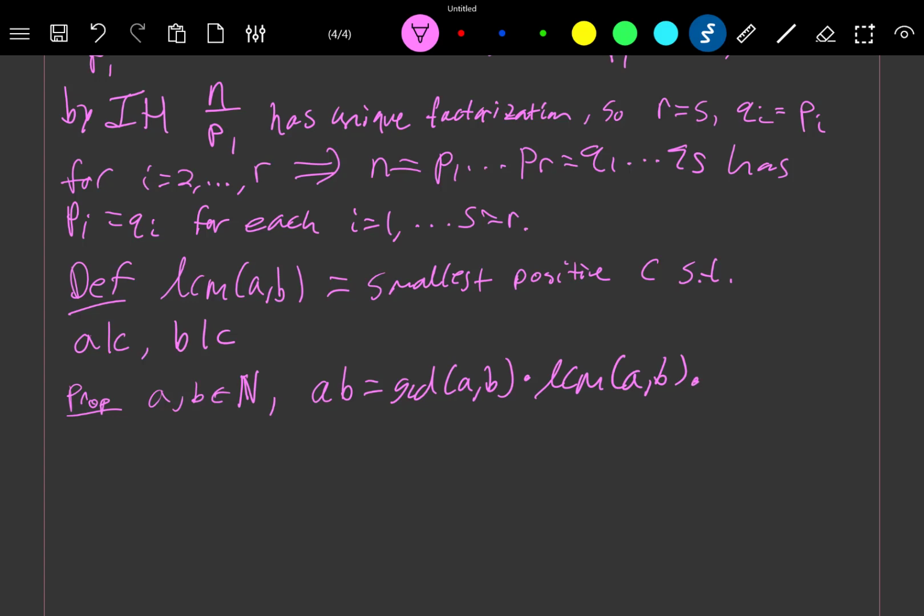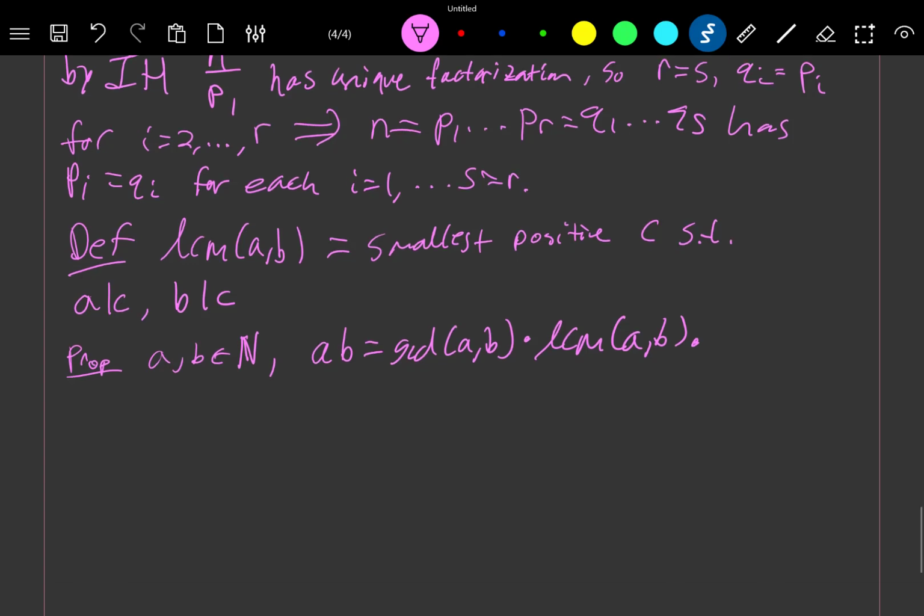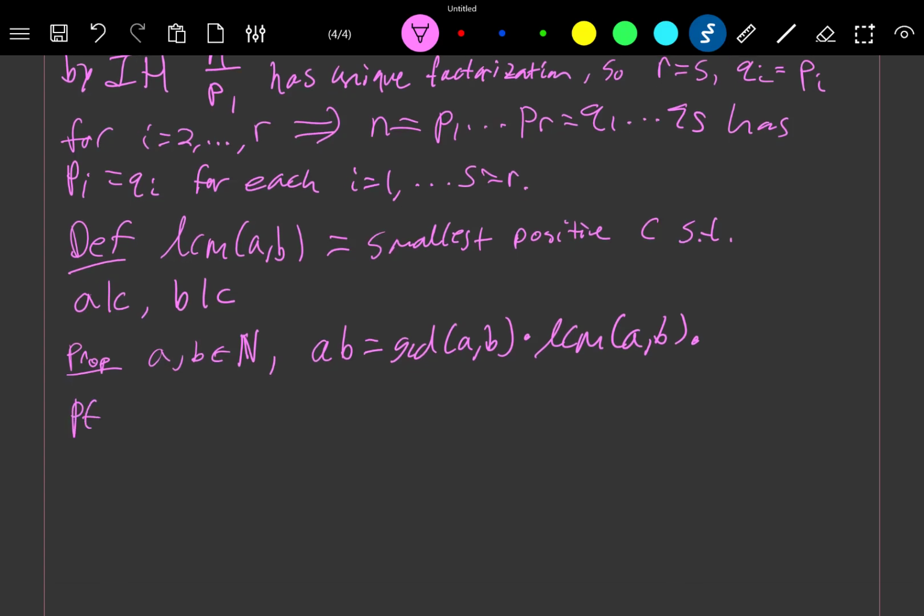So here's one way you can do this. If you take the factorization of A and the factorization of B, let's factor them as follows.